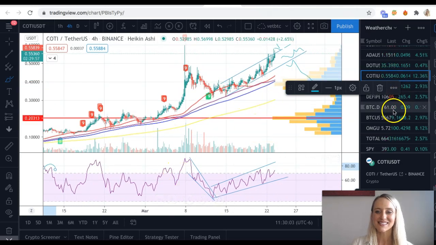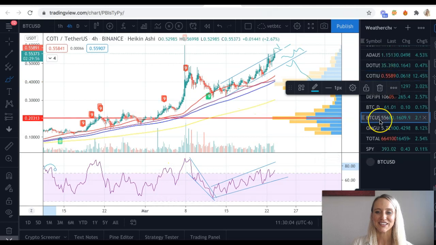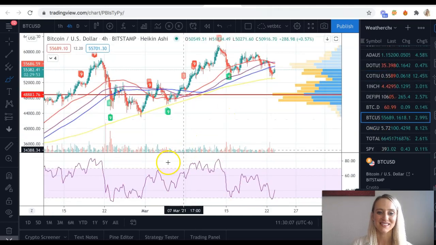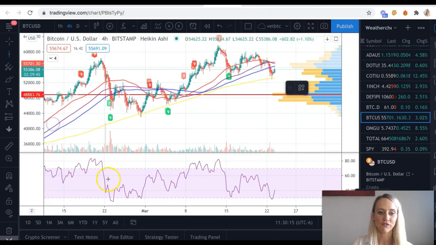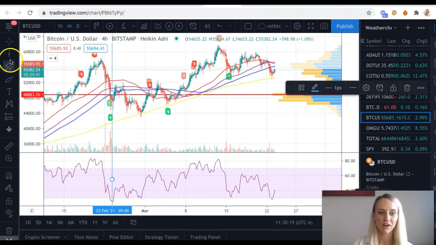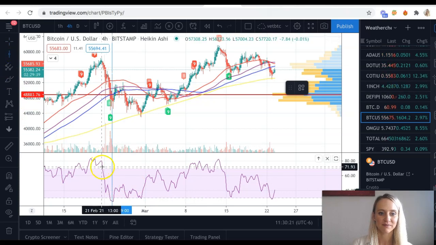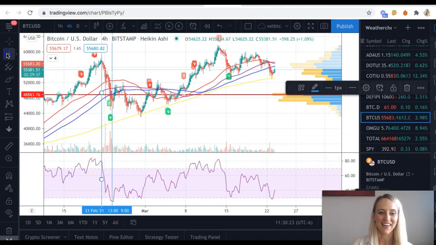So I'll backtest another example for you to see how powerful this strategy is of the overbought, oversold territories and utilizing that. You can draw your vertical line every time it was oversold, and also when it was overbought, or when it left that territory.